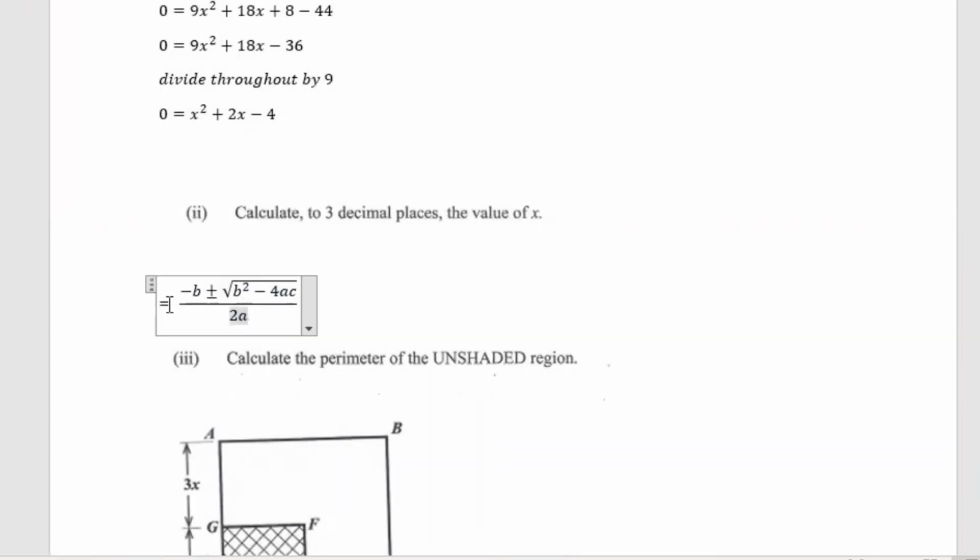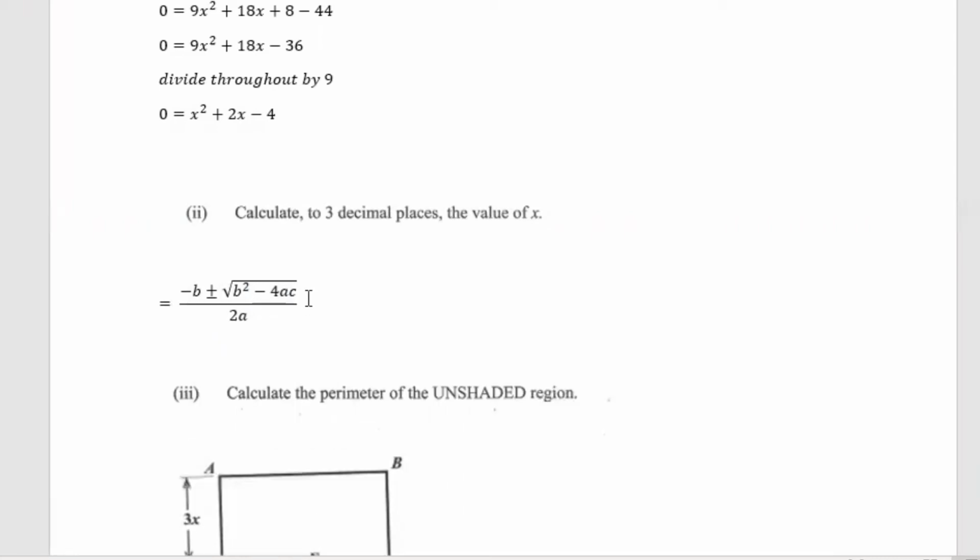From what we knew above, if we line up ax squared plus bx plus c under this, which is the quadratic equation, we can now substitute for each value in this expression.